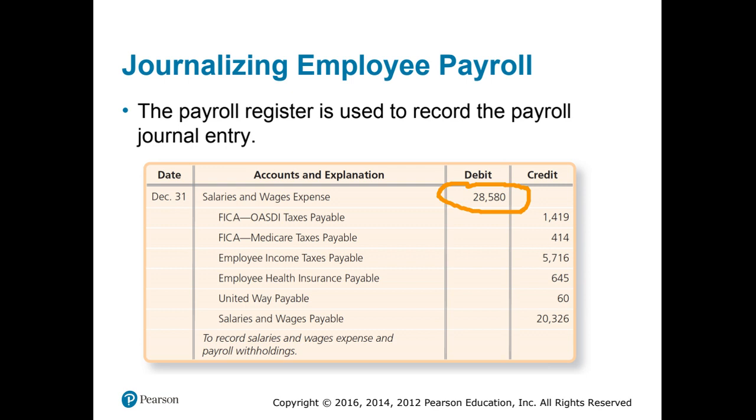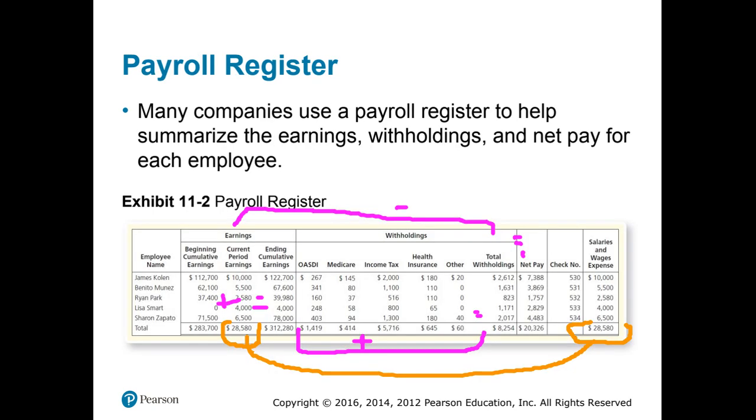So I'm not going to go through all of these, but for example, we'll look at United Way and salaries and wages payable. So $60 and $20,326. So when we go back, we see our $60 right here under other. That's the total for other. And then our net pay, $20,326. That is our total net pay.